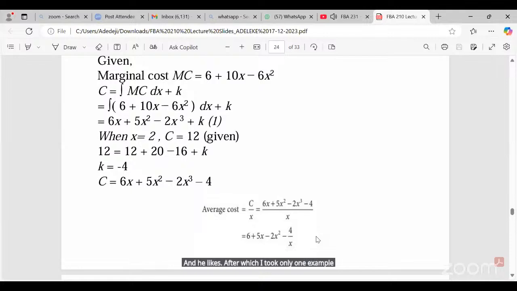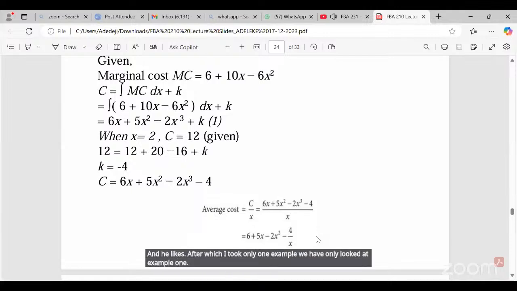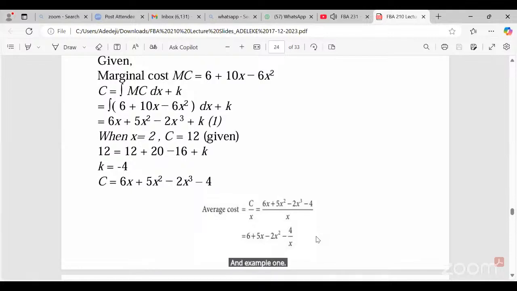We have only looked at example one, which shows how you can use the marginal cost function to get the total cost function and also the average cost function. So, ladies and gentlemen, we'll stop there for today, and I hope we meet very soon so that we can conclude our topic.